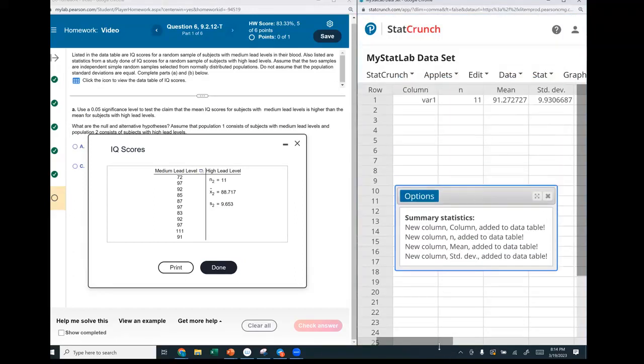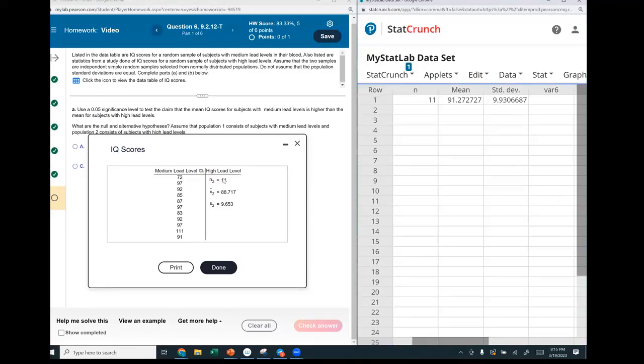There's my output right there. Okay, there's my N, my mean, and my standard deviation. So now I can compare summary data, and that's all I'm going to do. So you have the summary data from the left side, and you have the summary data from the right side. And from here, I'm going to let you finish this problem, but I do want to show you this.